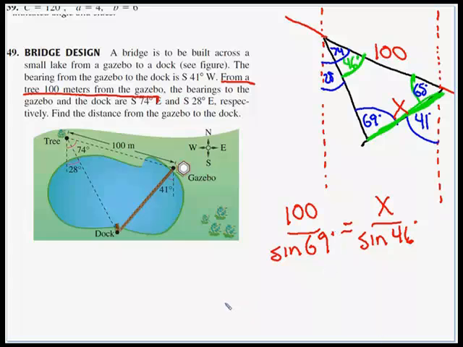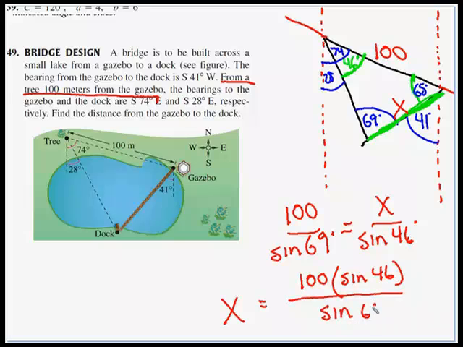And we can set up our proportion, cross multiply, and we're going to get x is equal to 100 times the sine of 46, all divided by the sine of 69. And if we punch that into our calculator, we're going to get x is approximately 77 meters. 77 meter long dock, from the dock to the gazebo. That was a good one.